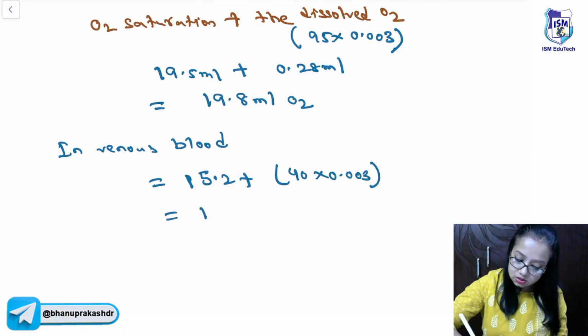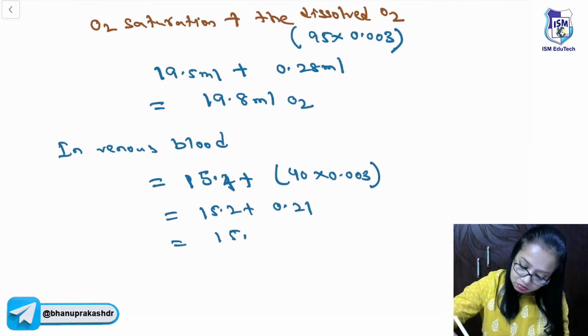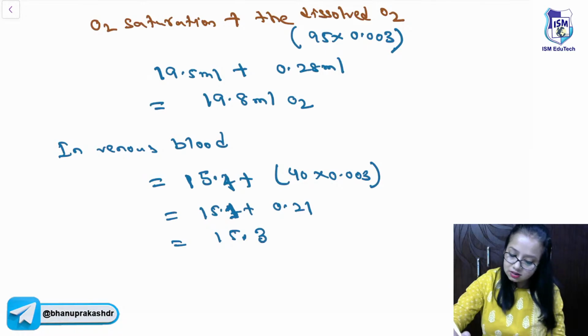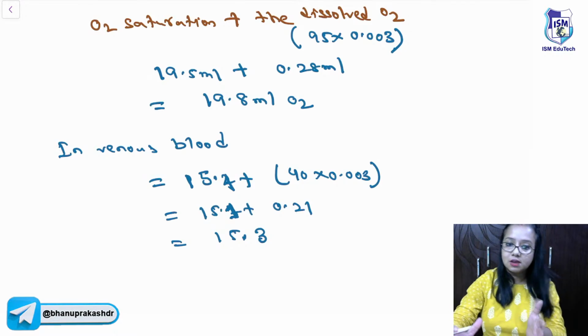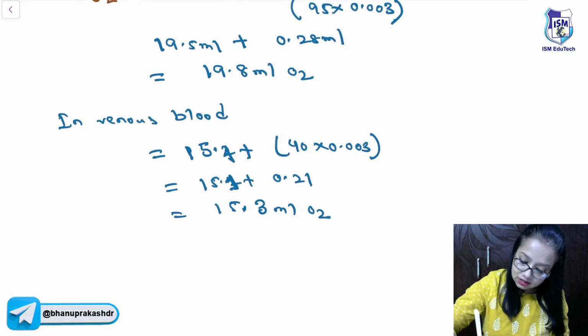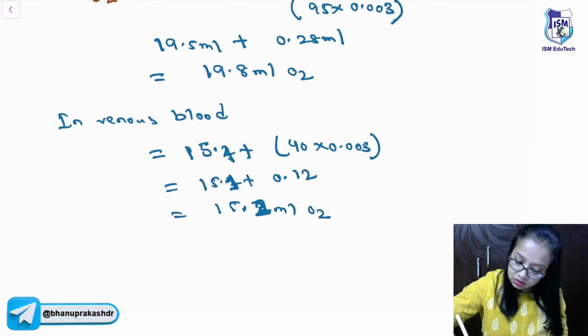So both together are about 15.3 roughly. So this is the amount of oxygen being carried by the venous blood and the arterial blood.